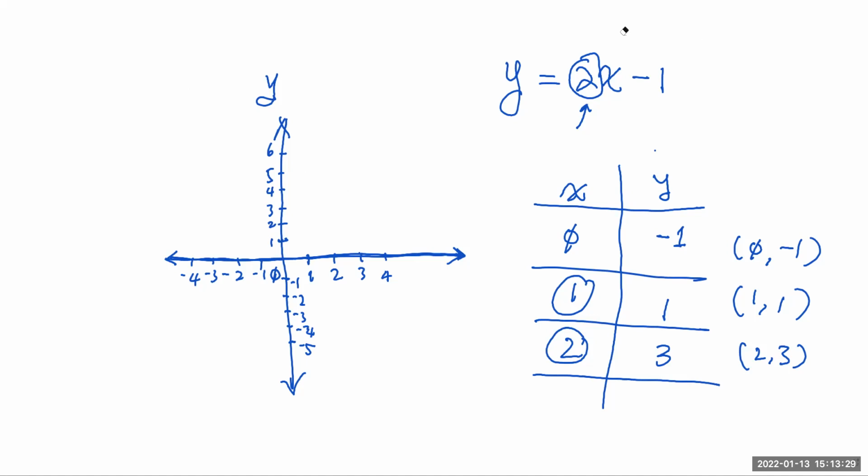The first thing we got is 0, -1. So x is 0, y is -1. So it's here. And the second one is 1, 1, which will be here. The third one is 2, 3. It's here. So if you graph the line, we got something like that.